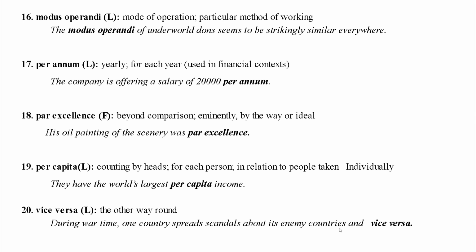Next is vice versa, which is also a word of Latin origin. The other way round. During the wartime, one country spread scandals about its enemy countries and vice versa. So vice versa in the sense, other way round. If I abuse you, you will abuse me. Vice versa. If I scold you, you will also scold me.